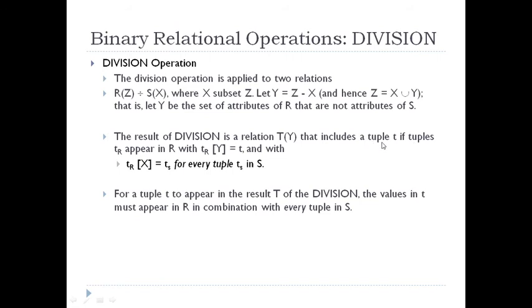No, only a tuple T if tuples TR appear in R with TR of Y equal to T and with TR of X equal to TS, for every tuple TS in S. What this says is, for each pair of AB values in S, you have to see whether the set of attributes in Y appears with each pair of AB value.